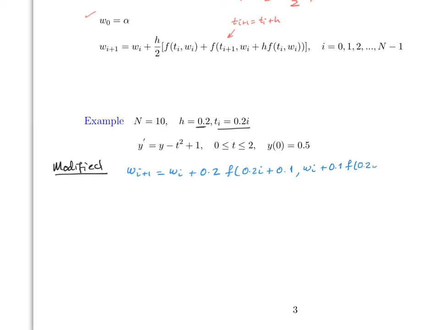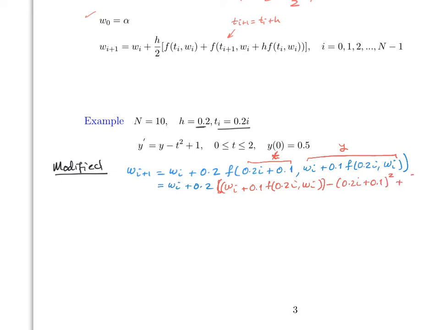Which is equal to w i plus 0.2 times, here remember this is the first variable, you could say this is t, this is y, so then this will be w i plus 0.1 f of 0.2i, w i, and then minus all of this, minus t squared, which will be (0.2i plus 0.1) squared, and then plus 1.